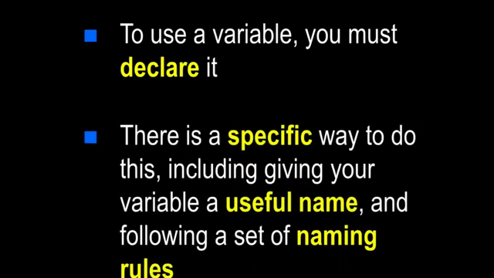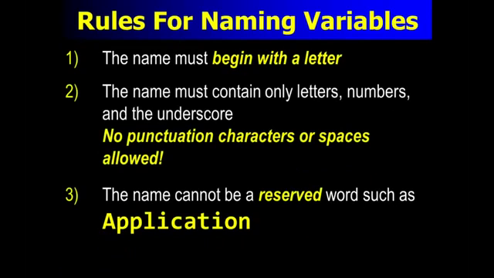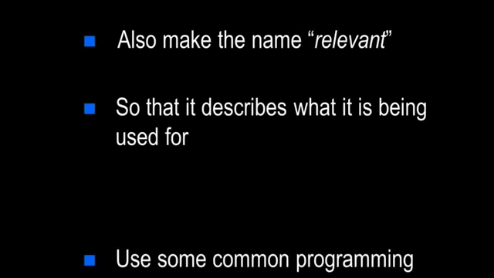Okay, almost there. We're almost going to code. How do we do this? So the code we write to do this, I'm going to show you right now. You give it the name and you give it the type, but actually in the reverse order. You put the type first and then the name. When you name it, it has some rules. Good news, you know these rules. It has to begin with a letter. It can only contain letters, numbers, and underscores. No punctuation, no spaces. It can't be a reserved word, like application.